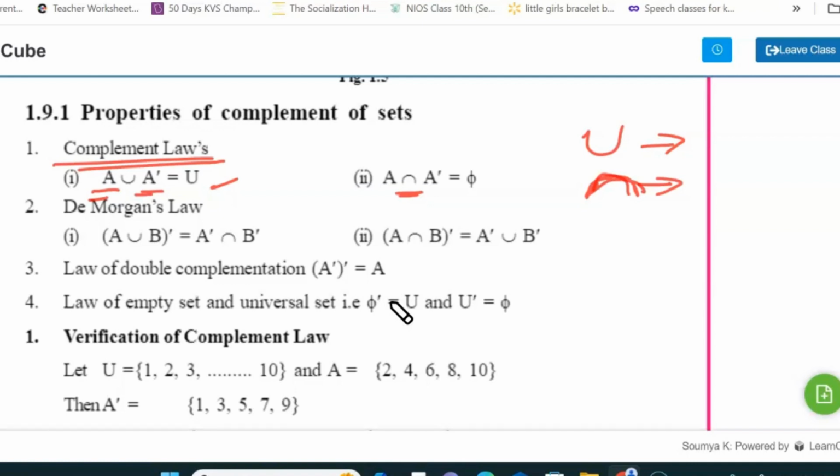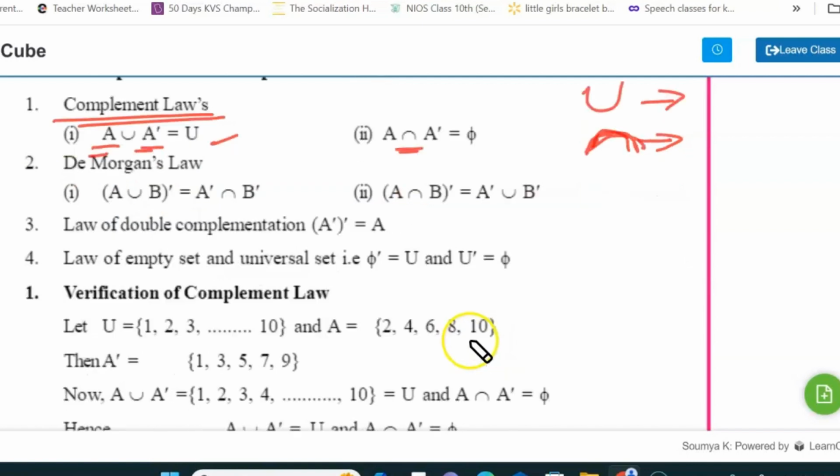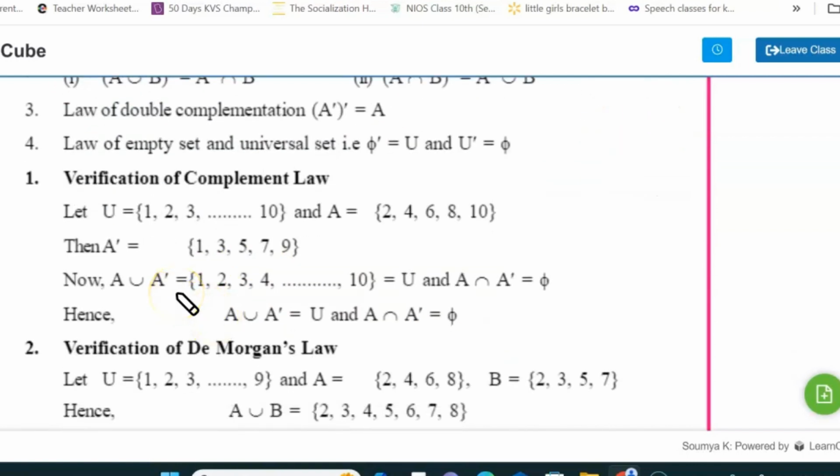That is true. We can check or verify this law. So the law is A union A complement is the universal set. So take a universal set like this and any subset with some elements. Here A has all the even numbers and the universal set has all the natural numbers till 10. A complement will be everything other than these even numbers, so odd numbers will be the output. 1, 3, 5, 7, 9 are included.